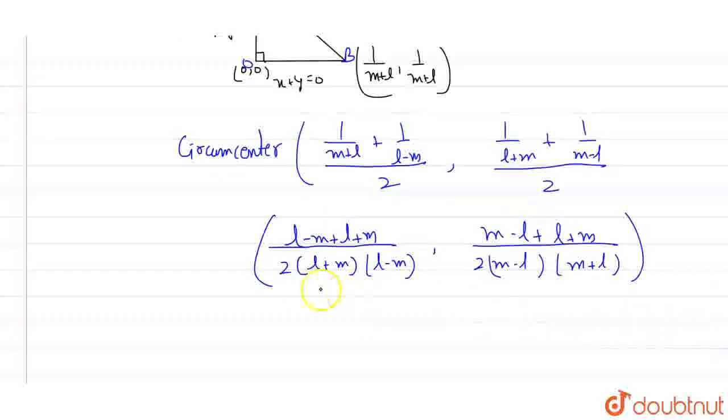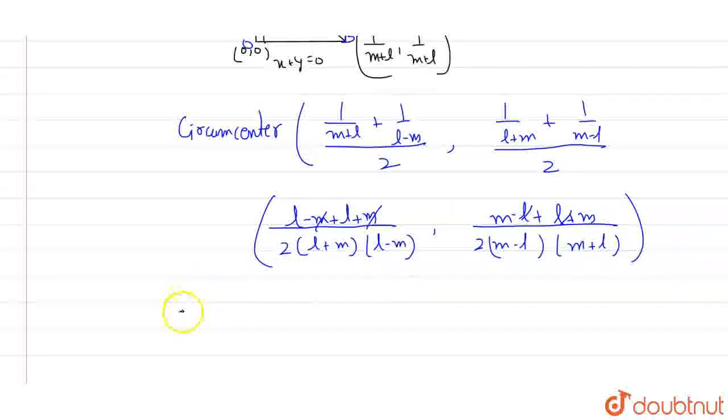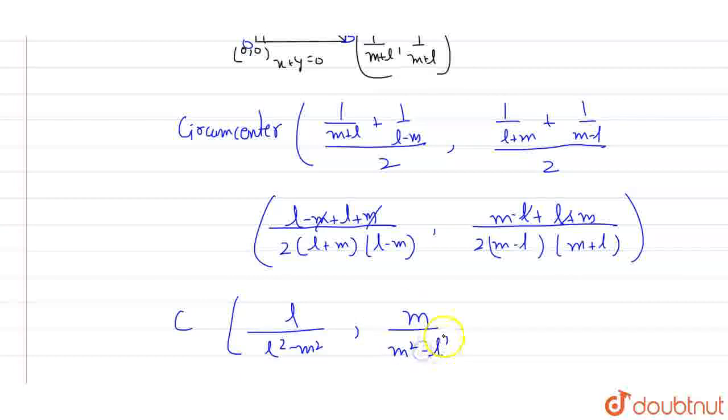After this, the terms simplify. The l terms will cancel out, and we are left with l divided by l square minus m square, and here we have m divided by m square minus l square.